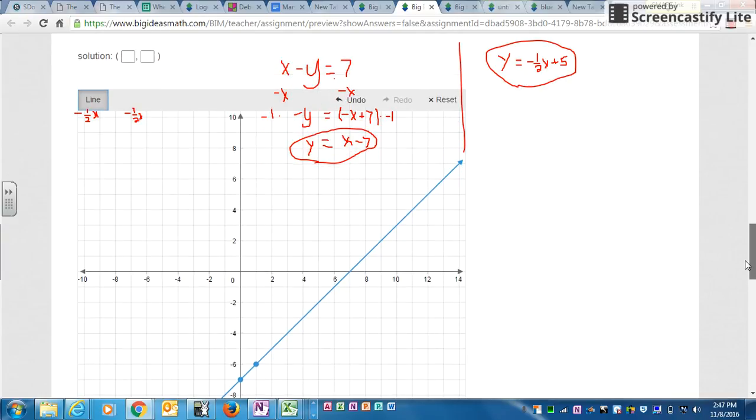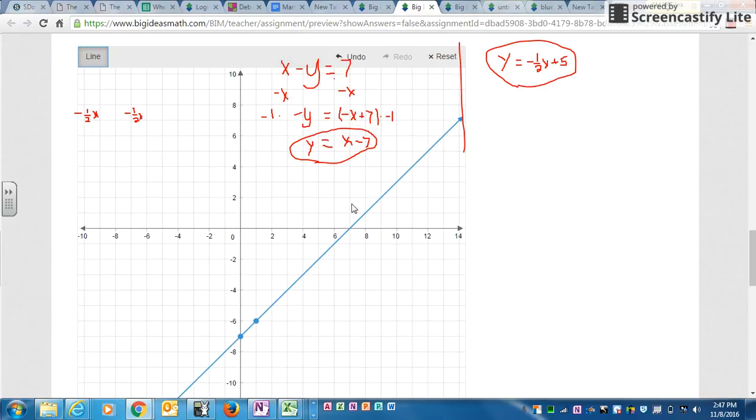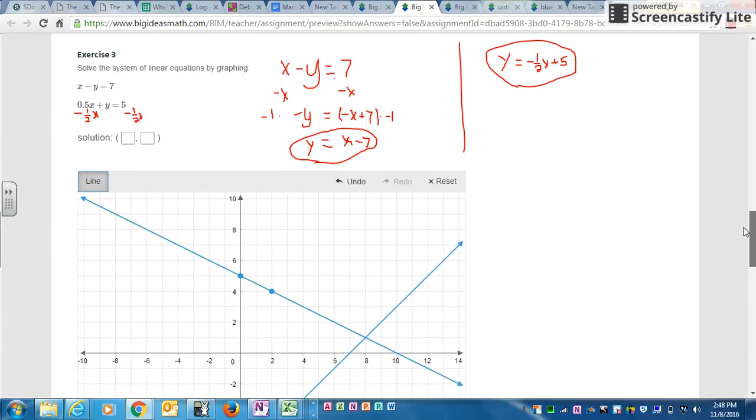And then my line number 2 is negative 1/2 x plus 5. So I want to go to my y-intercept of plus 5, which is right here. And negative 0.5x, or negative 1/2 x, that means I rise negative 1 and run 2. So I have a negative slope. And what am I looking for? I'm looking for my solution.